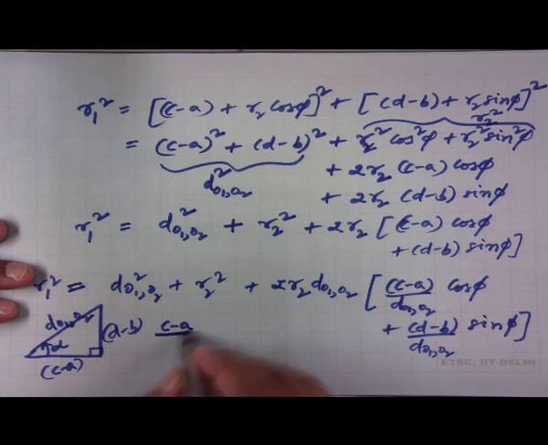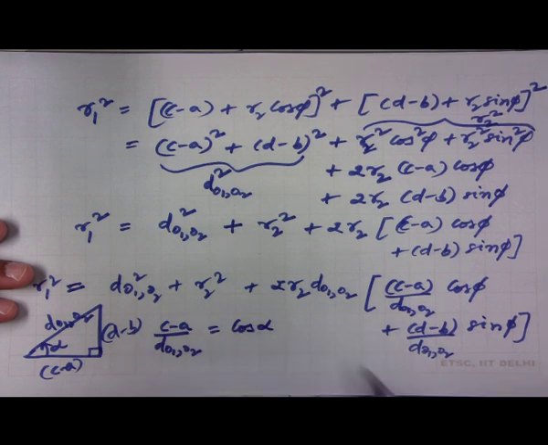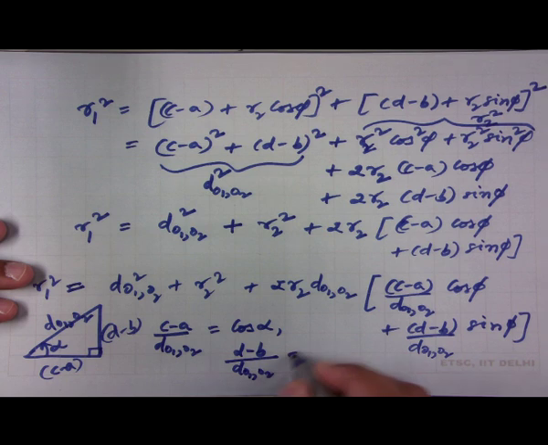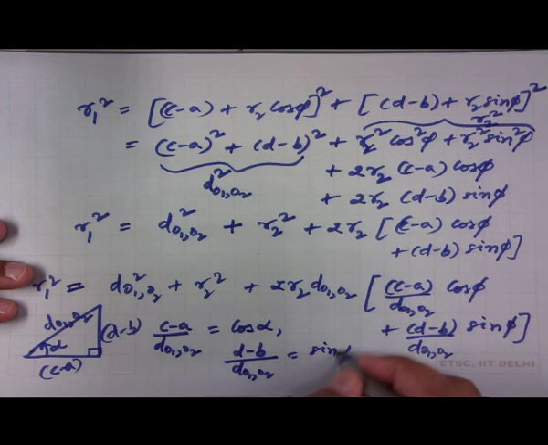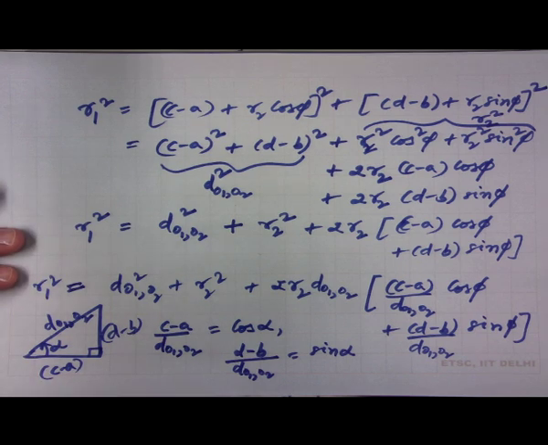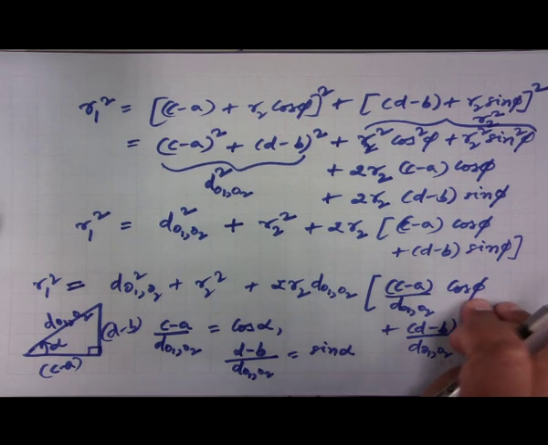So, c minus a by d O1 O2 is nothing but cos alpha, and d minus b by d O1 O2 is sin alpha. We use this now in this equation.